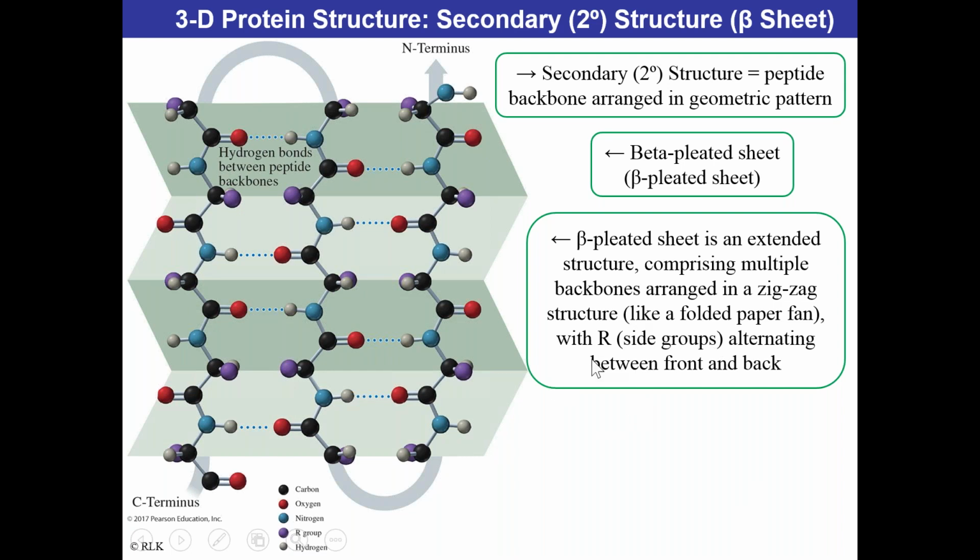And you have the R groups, and they alternate from front and back. Why? Because of steric arrangements, just the lowest energy configuration. Can't have too many side groups all of a sudden overlap into one plane or one area. It's kind of like the cis and trans, right?